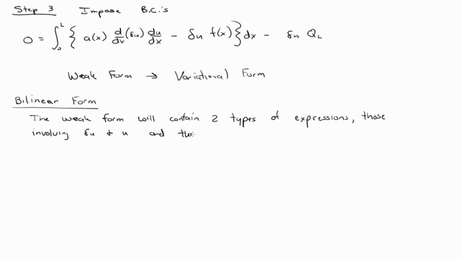Those involving del u and those involving u, and those involving only del u. So what we're doing here, we want to group them, right? So the terms in the weak form that have both del u and u, we're going to group them into one group, and the terms that only have del u, we'll group them into another group. Okay?